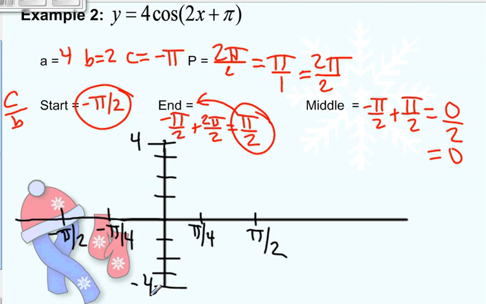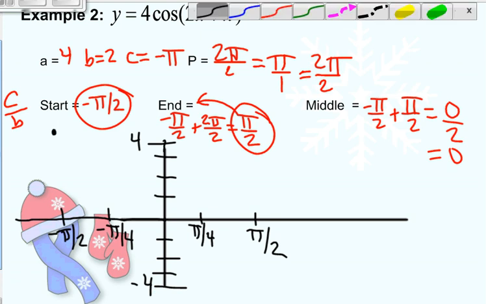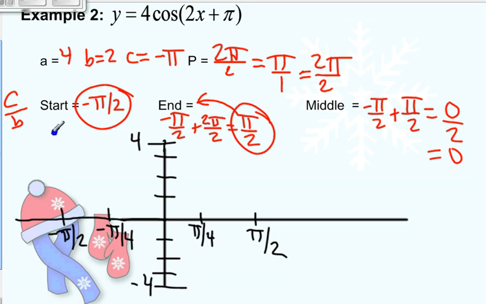My normal cosine starts at 1, so we're going to start up here at 4. Okay, then it comes down to 0, and then it comes down to negative, and then back up to 0, and back up to our positive. It still has the same general shape. We just started it from a new location.